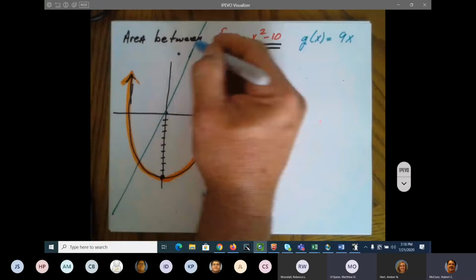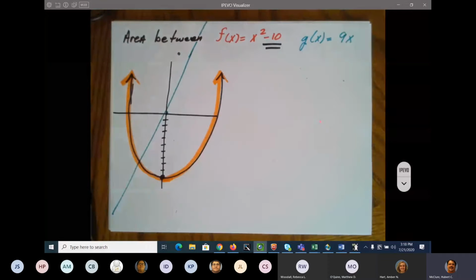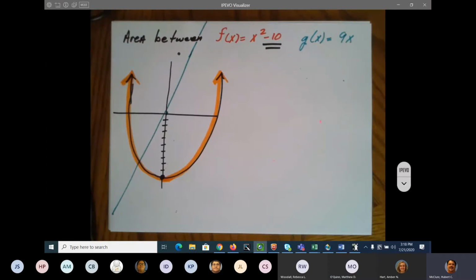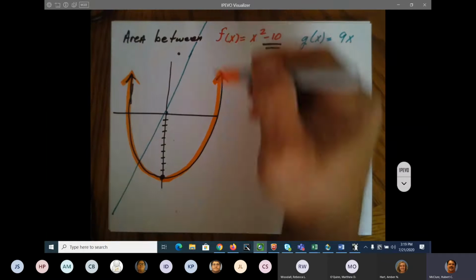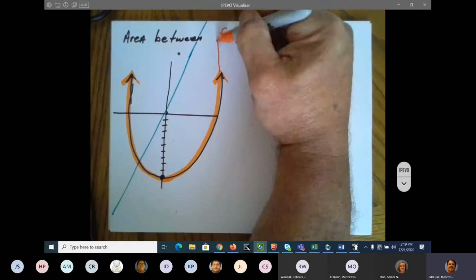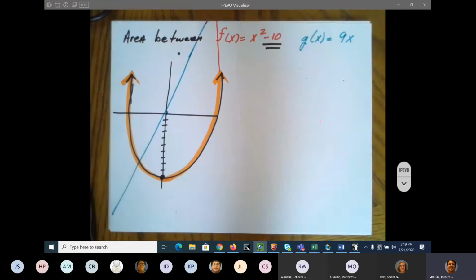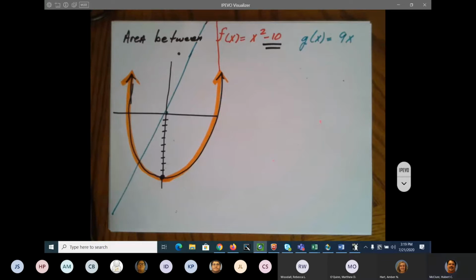And you see that that's why it's best to use your calculator to draw it, so you can actually see it. And if you know how to use your intersection, that's good. But here is the area that we're wanting.